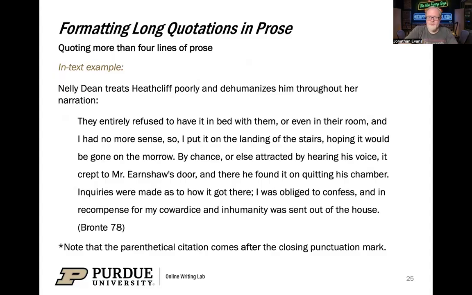The reason I call it a block quotation is it's shifted over in its own formatting. Rather than directly integrating it, we don't have quotation marks. We literally separate it. So it says here, Nellie Dean treats Heathcliff poorly and dehumanizes him throughout her narration, colon. Then here is her quotation. Because we have offset it, we don't need the quotation marks. We know it's somebody else's quote.